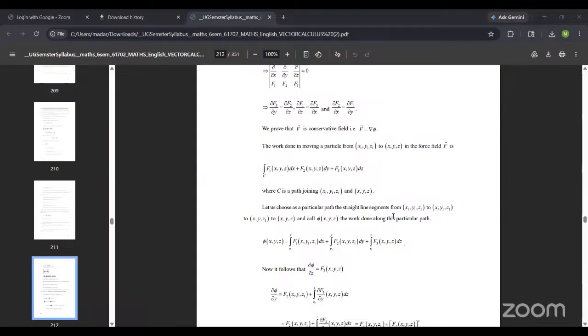So let us take a straight line segment from x1, y1, z1 to x, y1, z1, and then x, y, z1 to x, y, z.